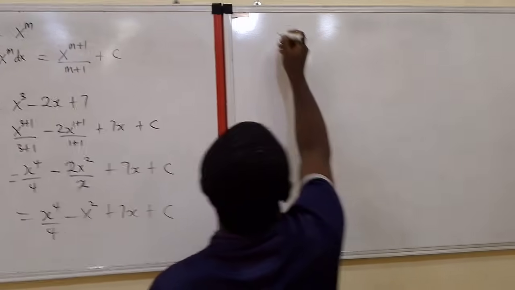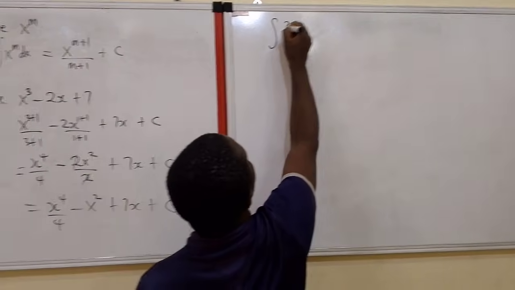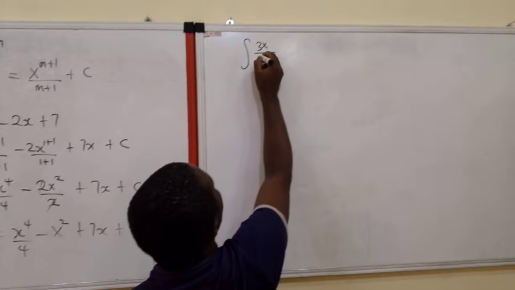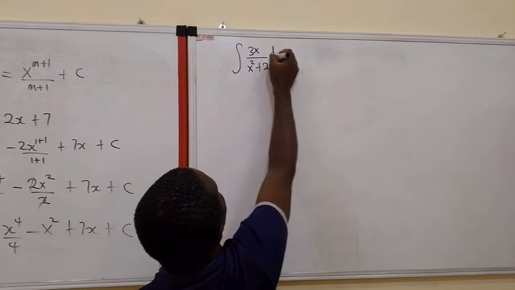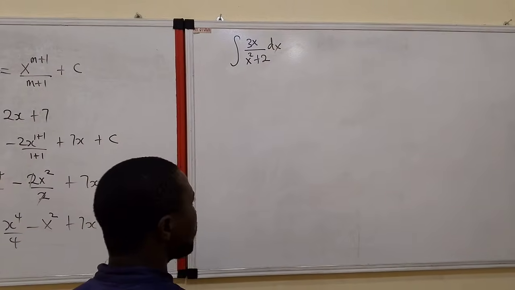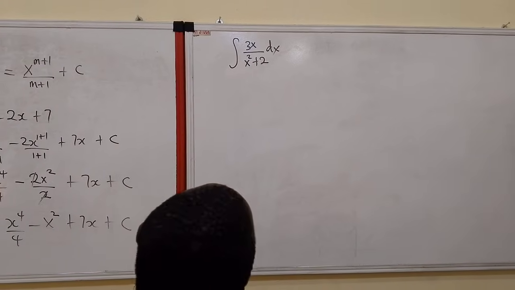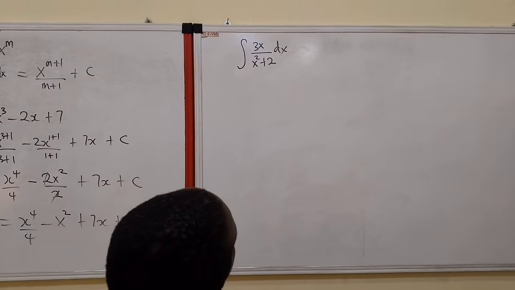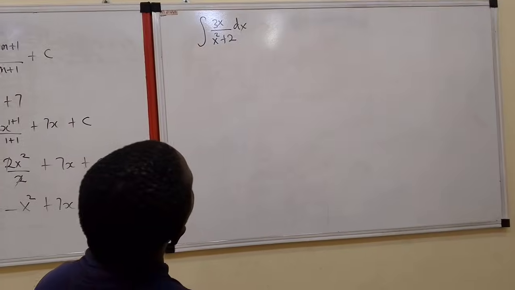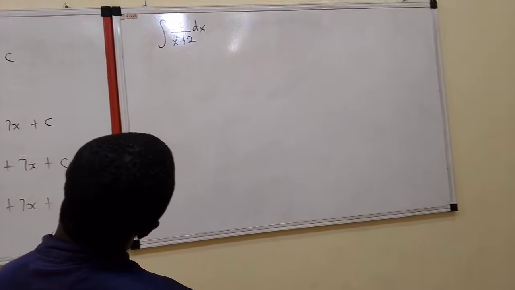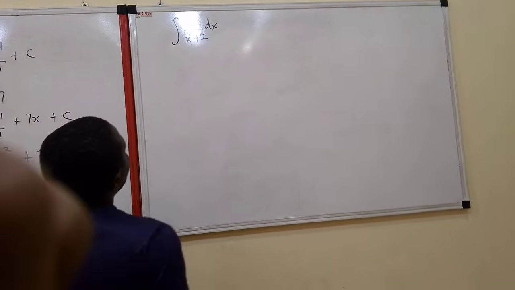If you have this question, the integral of 3x over x squared plus 2 dx, what do we do here? Very simple. This is what we are going to do.